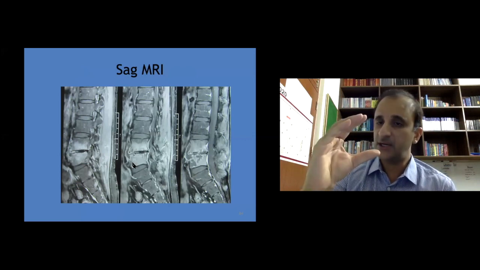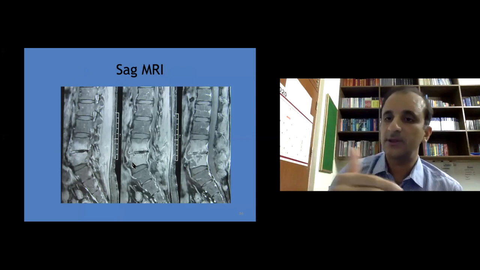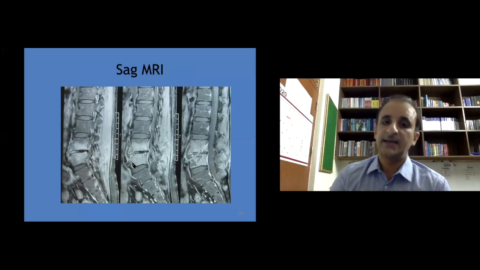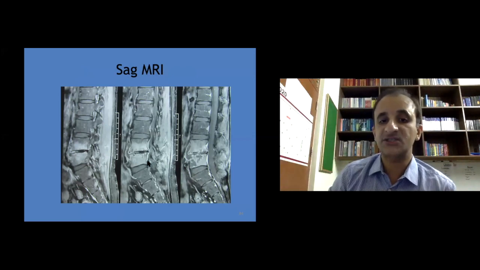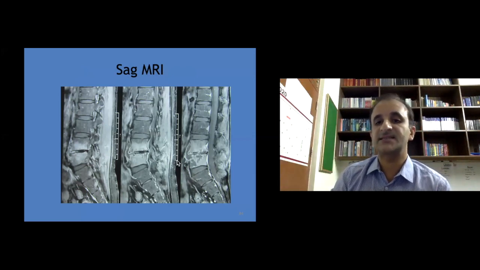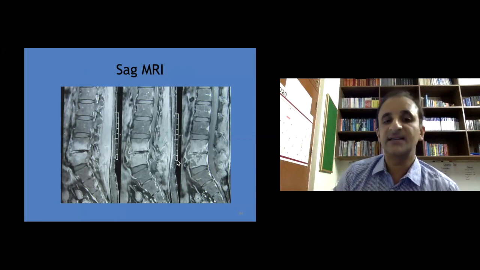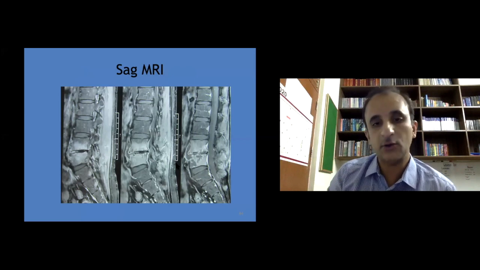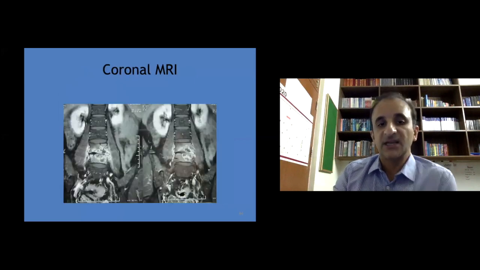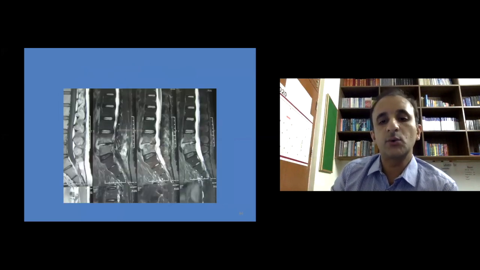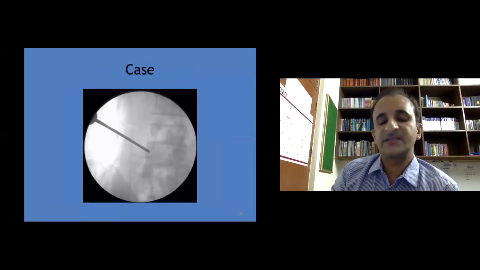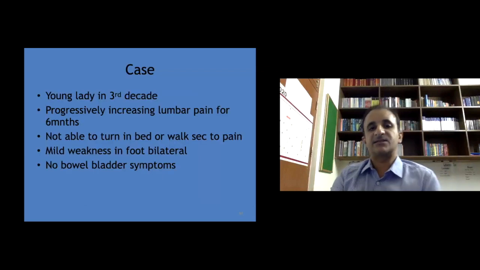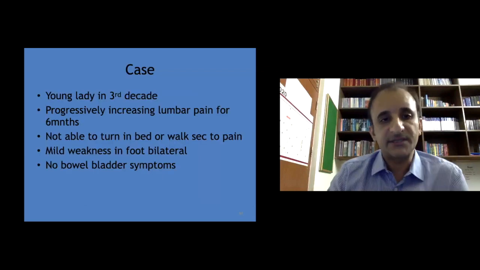So whenever you see a claw, go through all the MRI sequences and consider Modic changes. However, if you get gross changes, abscesses, discal degeneration or paradiscal involvement, do think of an infective process. So in here, we just did a transpedicular biopsy and started treatment.